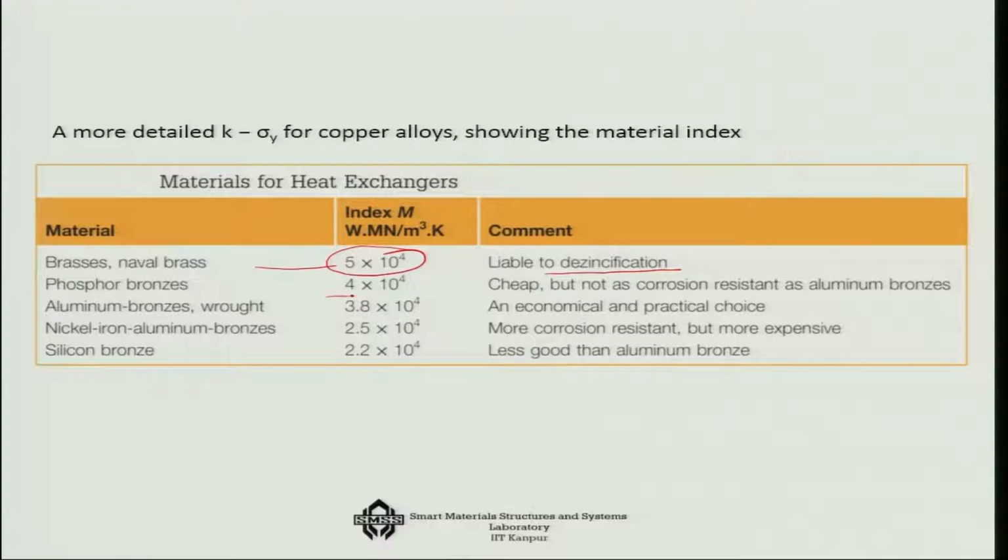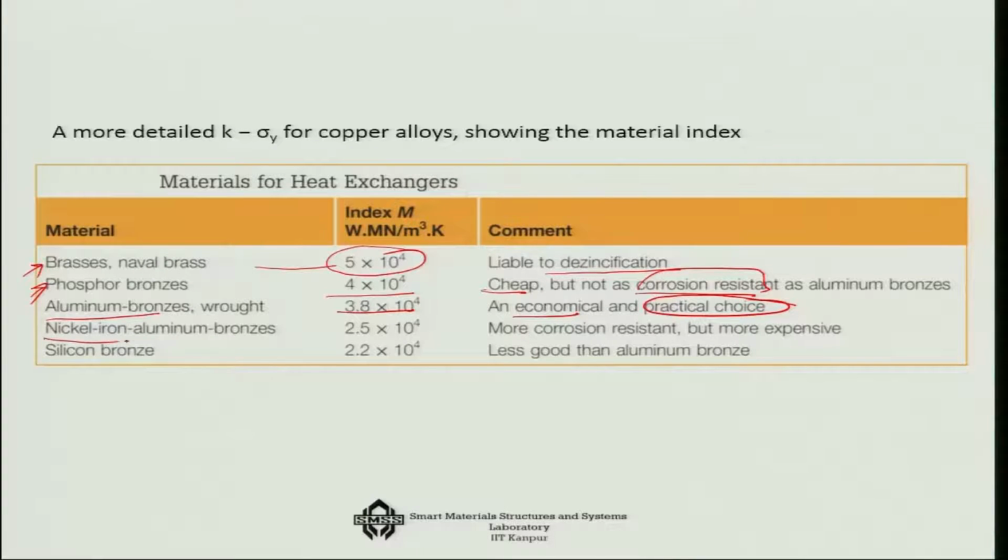So, from the corrosion point of view this is not a good idea. Phosphor bronze, 4 into 10 to the power 4, is cheap, but not as corrosion resistant as the next one, the aluminum bronze, which is slightly lower at 3.8 into 10 to the power 4, but it is economical and corrosion resistant, and comes out to be a more practical choice than the brass or the phosphor bronze from the corrosion point of view.